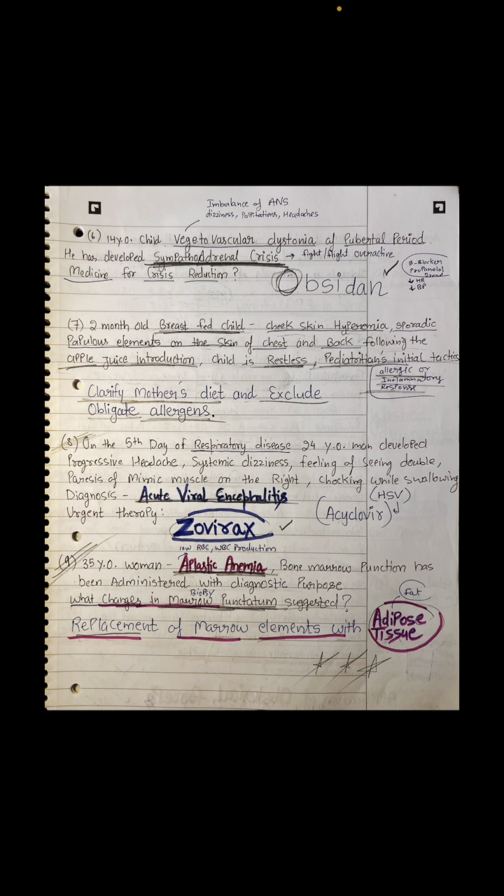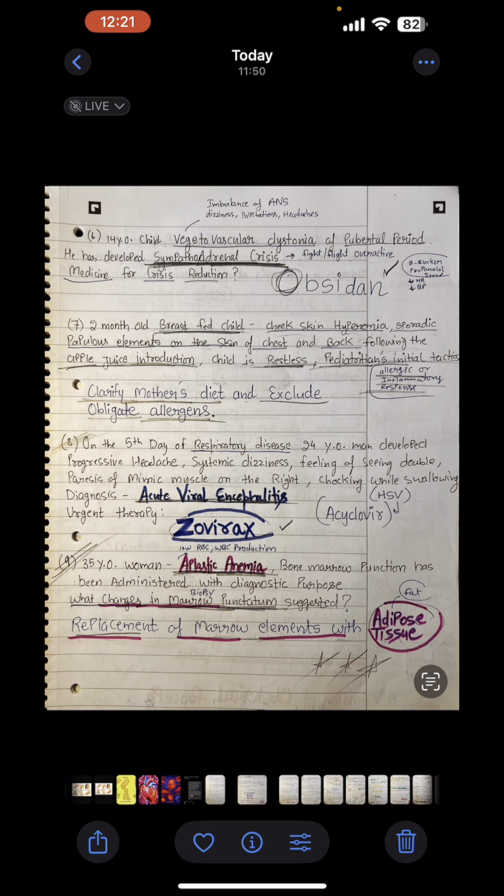Even with the slightest emotional or fearful exertion, the patient's adrenal gland is secreting too much of the hormones. To solve his crisis, we are going to prescribe him Obsidan. Obsidan is a beta blocker, for example propranolol. It is going to decrease the heart rate, stabilize the BP, and stabilize the patient.